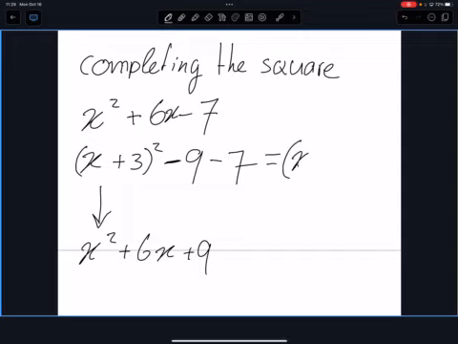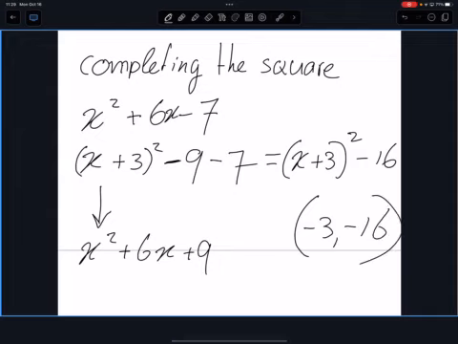And this equals... So what is my minimum value? My minimum value is, if it's positive inside the bracket, it's a negative coordinate for the x value.